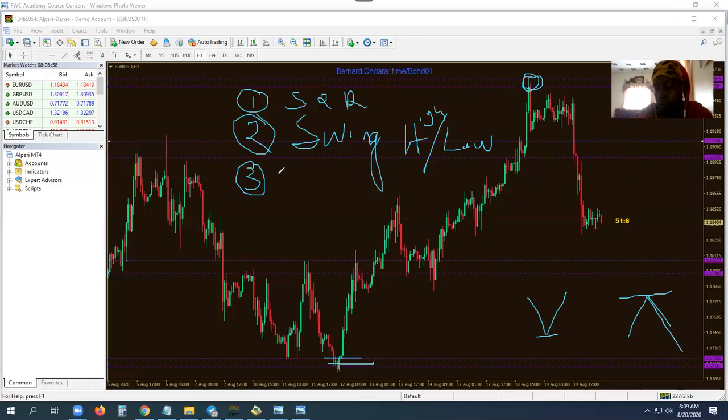So we say that the move away from such levels was so strong. So strong in two ways. Number one, it took long time for price to ever come back to the same level.